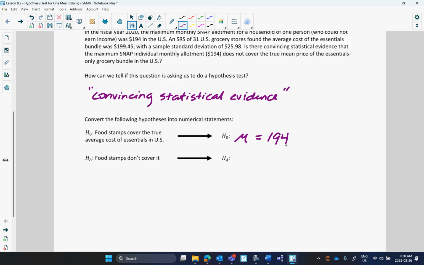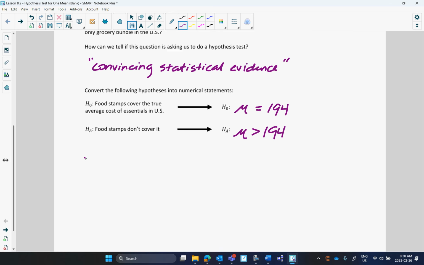But our sample suggested otherwise, so that's what we want to test. That's the alternative hypothesis. Is it greater than 194? Where mu is the true mean price of an essentials bundle.